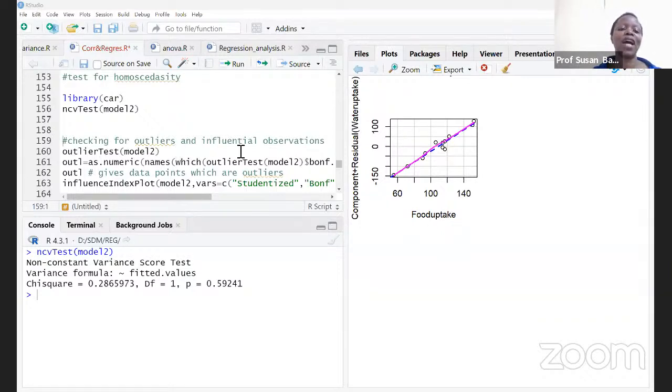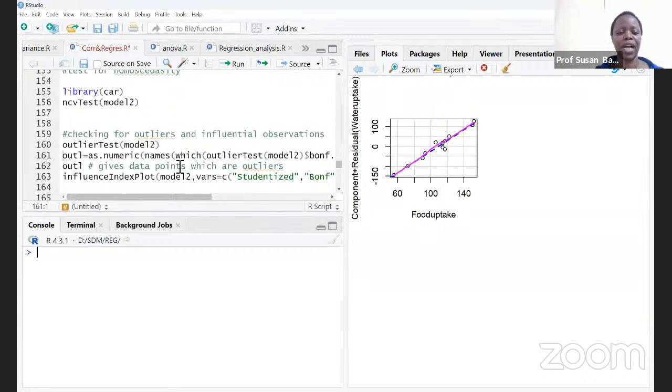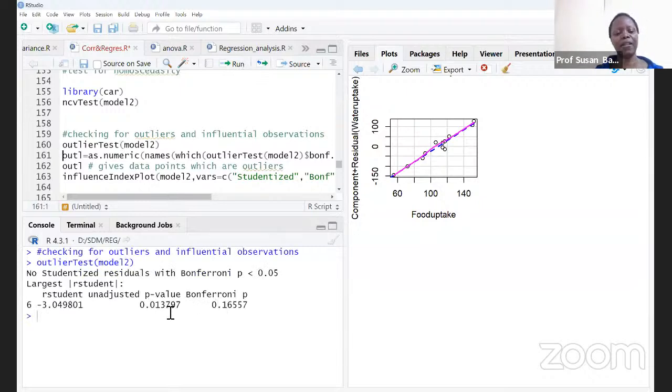Okay, we are going to check for outliers and influential observations. So we use the outlier test still for that same model. So line 160 helps us to test for outliers. Let me first clear my console and rerun it. Line 160. You'll see that observation number 6 was highlighted in the graph as a possible outlier. It has a residual of -3.